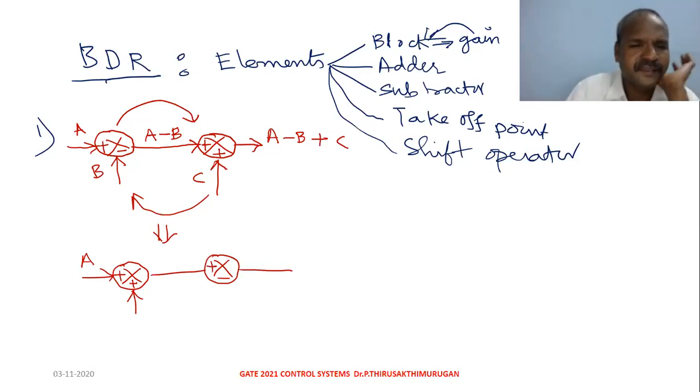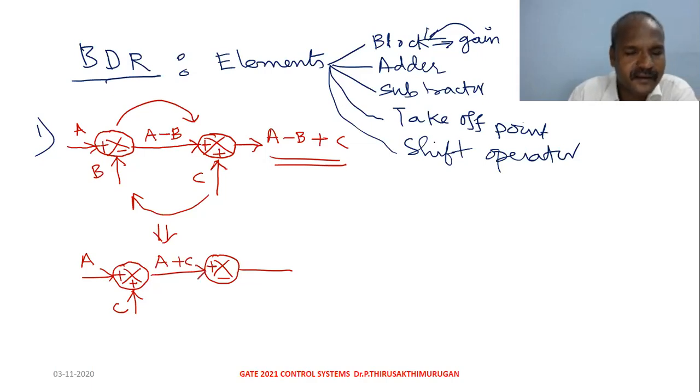Whatever we do in these blocks, the final output should be A minus B plus C. So A is here, and we are adding C early, right here itself. So we get A plus C.